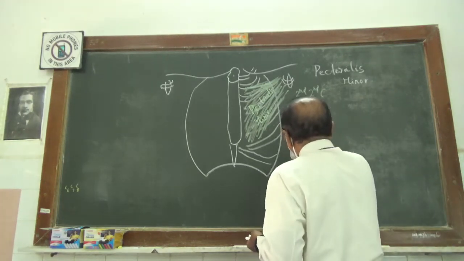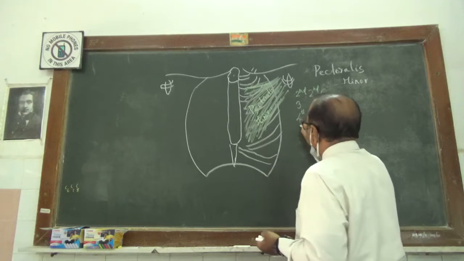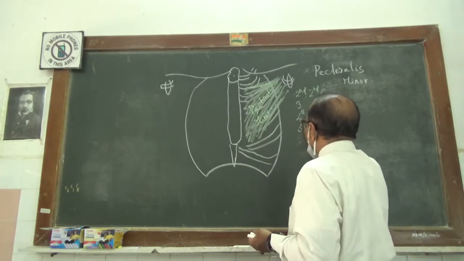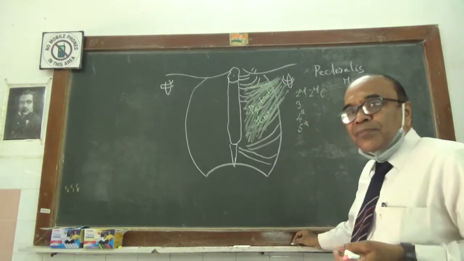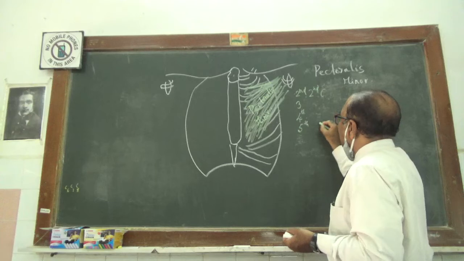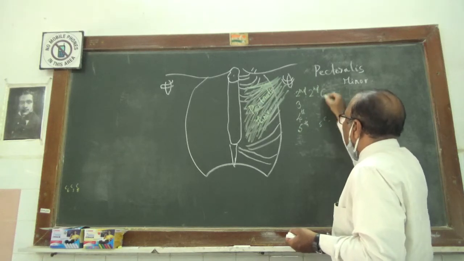Then sometimes it also takes origin from the anterior surface of the fifth rib and the fifth costal cartilage.